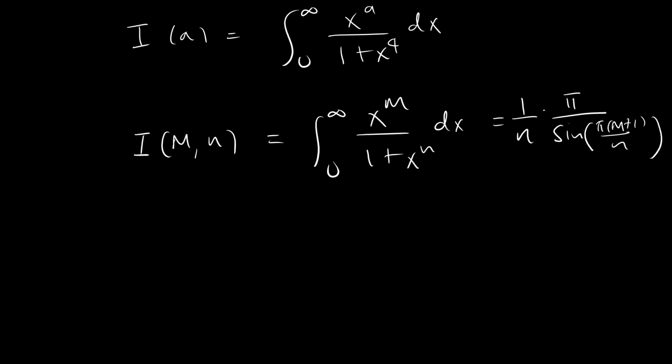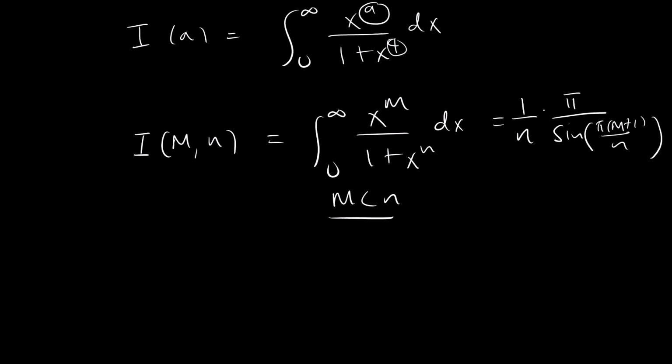And I will leave a link in the description if you are really interested in knowing how this relationship comes about. But this is a known relation. We had forgotten to indicate that in this relation m is less than n, and so up here a is going to be less than 4.